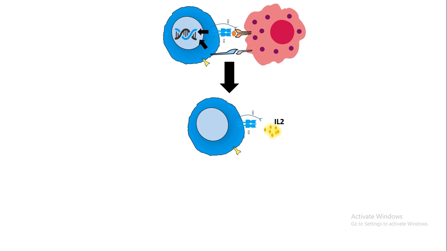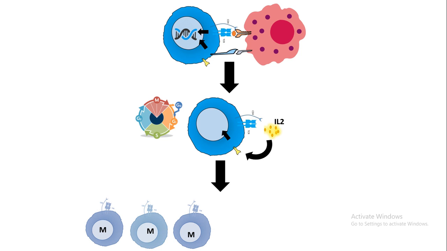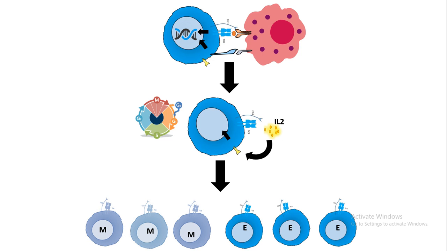Interleukin 2 works in an autocrine fashion on the same T cell, and that helps the T cell undergo cell division, so that the naive T cell proliferates and forms a pool of memory T cells and a pool of effector T cells.